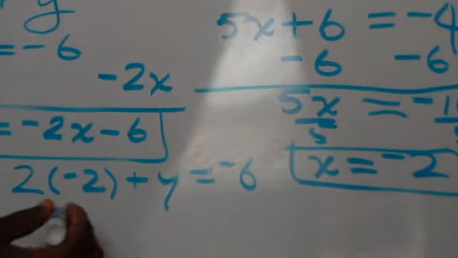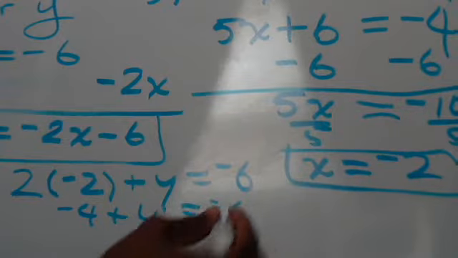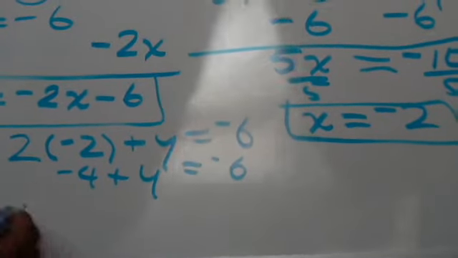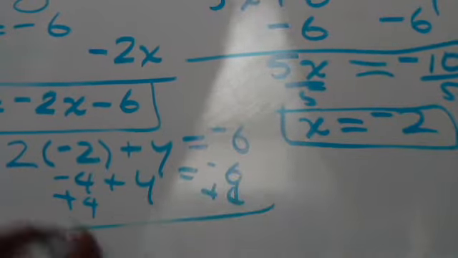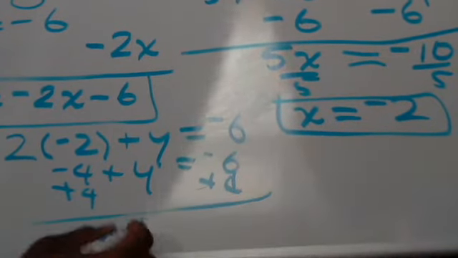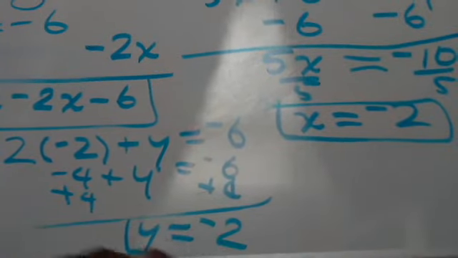So solving, we've got -4 plus y is equal to -6. Have to add 4 to both sides. And so what we'll get is y is equal to -2.